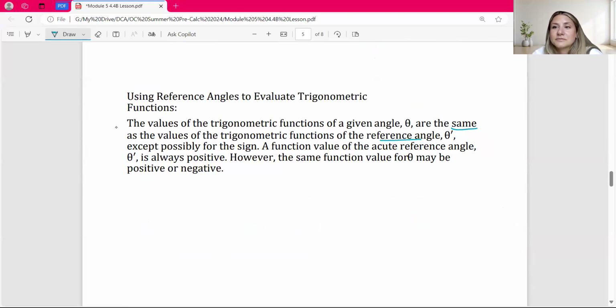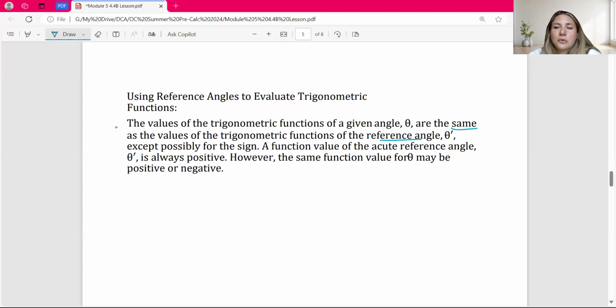So any angle is equivalent to its reference angle. The value of any angle for a trig function is equal to the value of its reference angle for that trig function. A function value of the acute reference angle theta prime is always positive. However, the same function value for theta may be positive or negative.